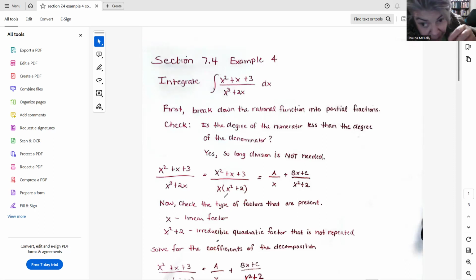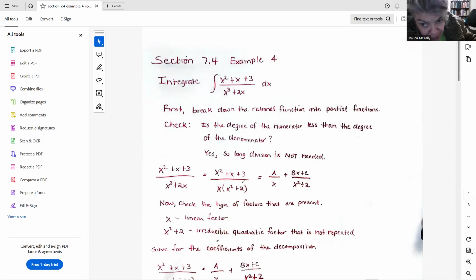I could have something in parentheses like x plus 3 or x plus 2, and that would still be linear because the highest power on that is a 1. So this x is a linear factor, and linear factors take constant coefficients at the top. They don't have any x's, so you just have A over x here, and A because this is the first coefficient.